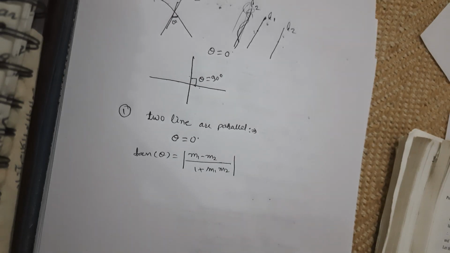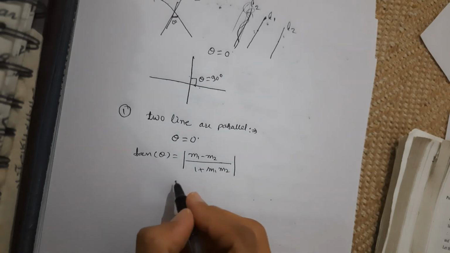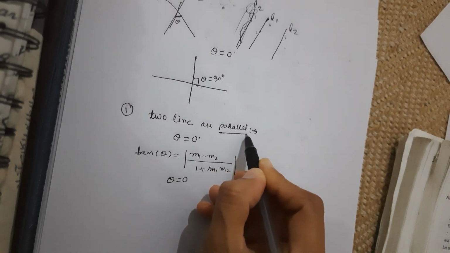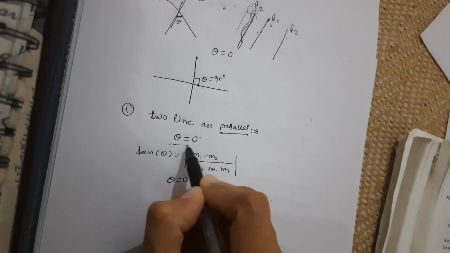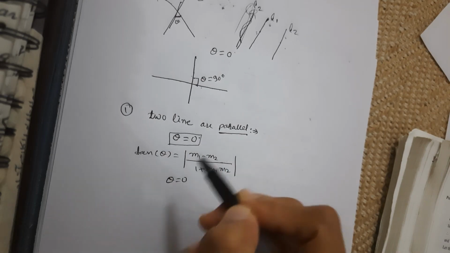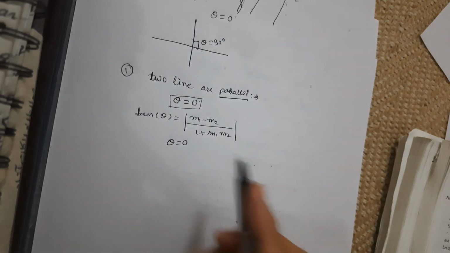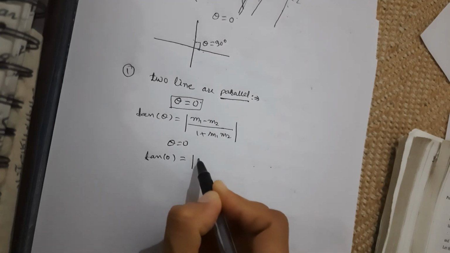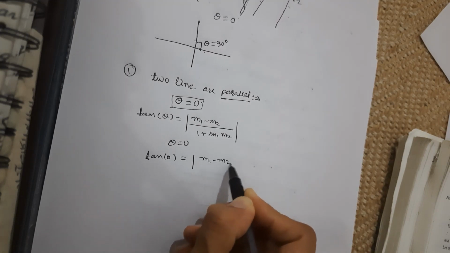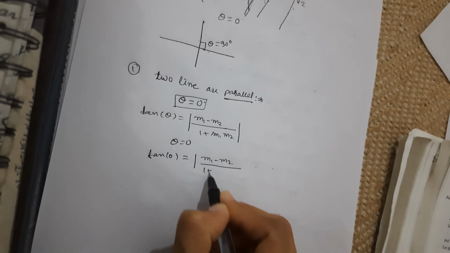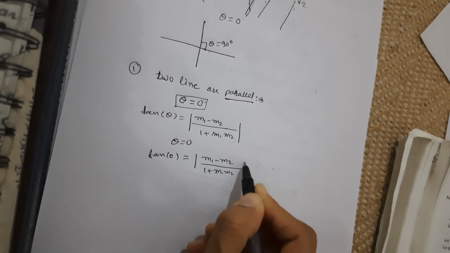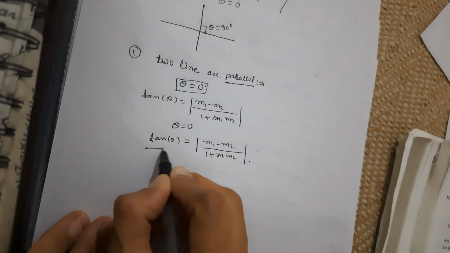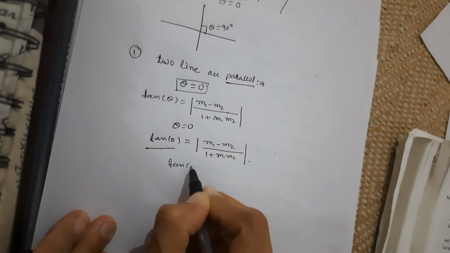Put theta equal to 0, because the lines are parallel and not cutting each other, so the angle between them is always 0.